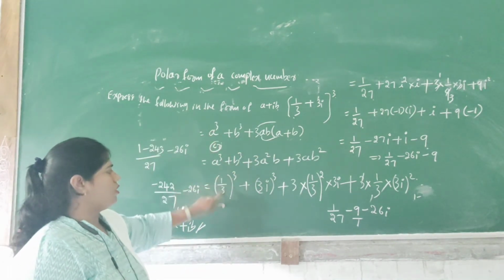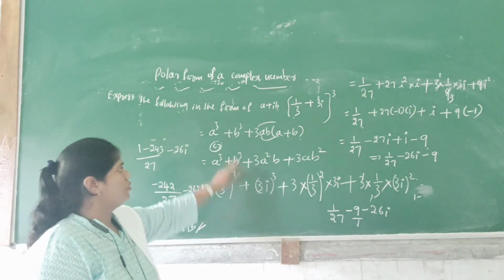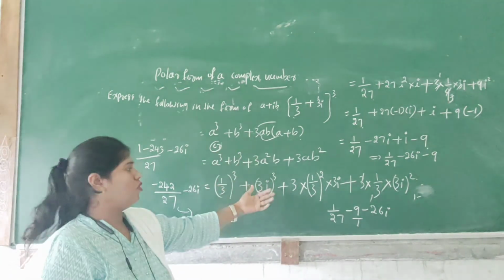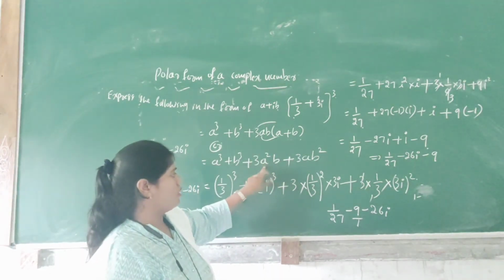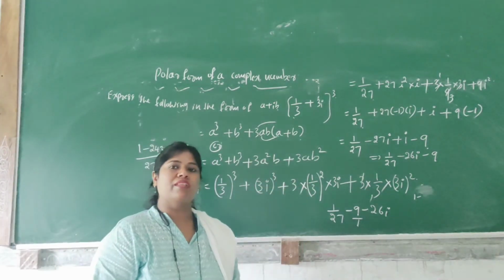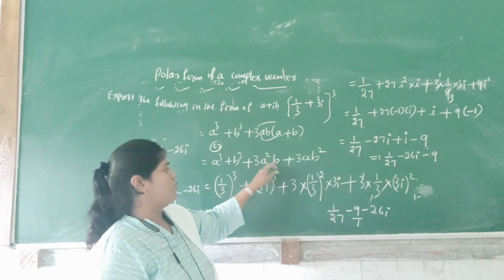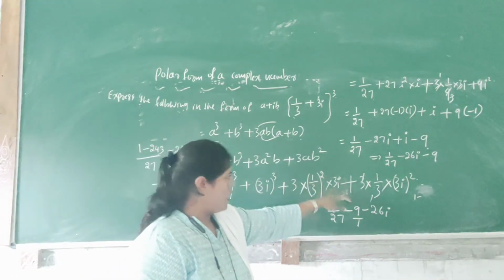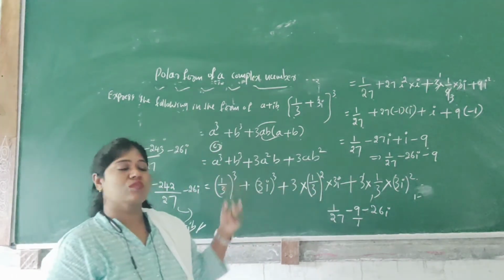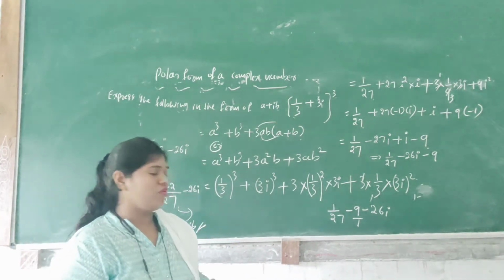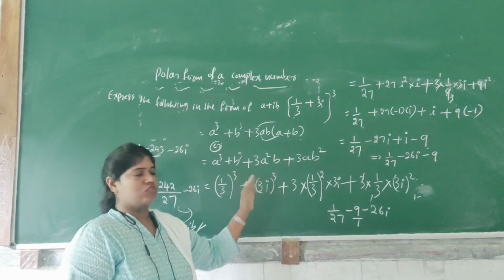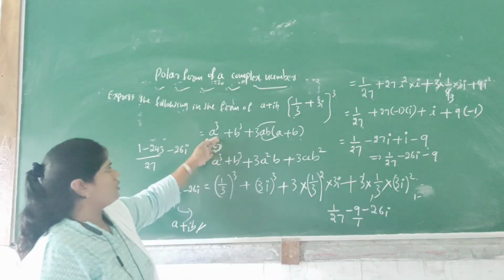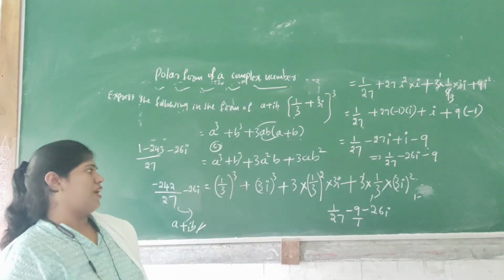So a cube is (1/3) whole cube, plus b cube is (3i) whole cube, plus 3 into a square, (1/3) whole square, into b, which is 3i, plus 3 into a, which is 1/3, into b square, (3i) whole square. First we have to substitute according to the formula. We have to substitute this a value and b value.